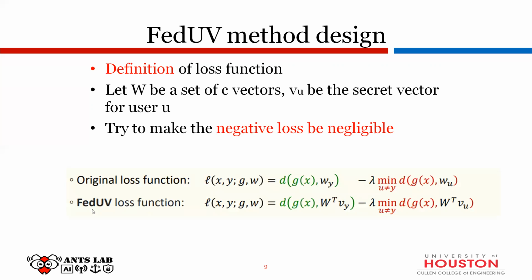And what FedUV claims is that we change the definition to this one, which changes from the embeddings of a current user to a secret vector, multiplied by the secret vector for user Y. So here, we can just call them secret vectors.